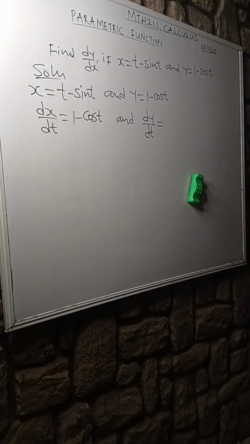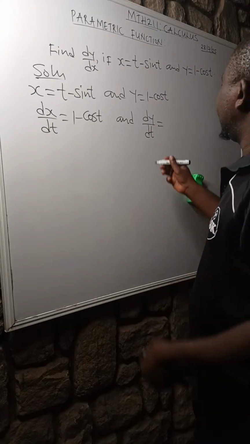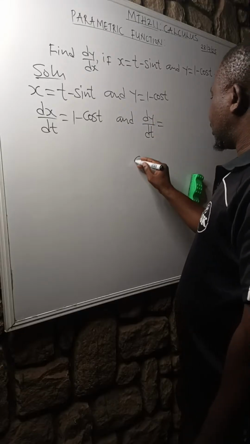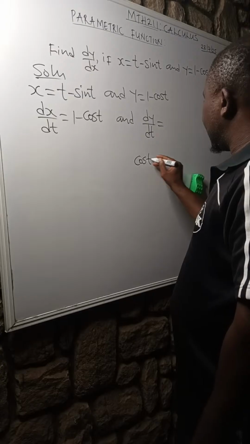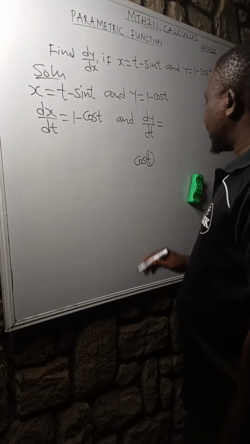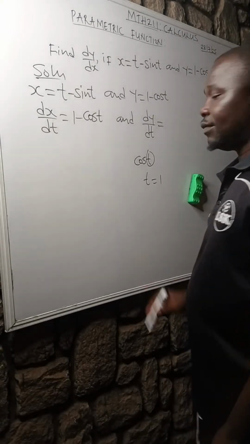Then when you differentiate cos t, just after this, if you differentiate t, you are supposed to have 1.